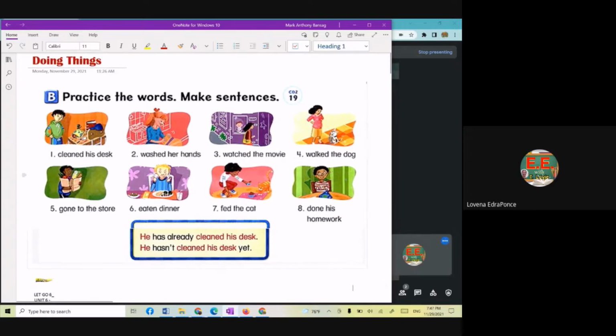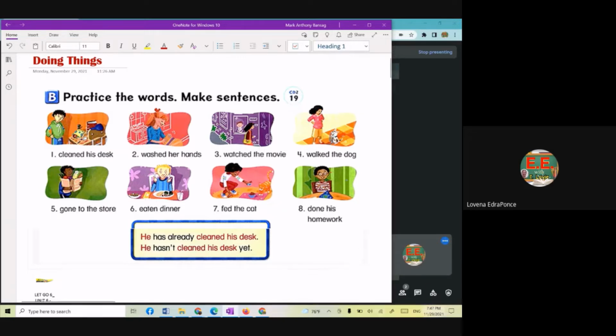Number 1. Cleaned his desk. Number 2. Washed her hands. Number 3. Watched the movie. Number 4. Walked the dog.